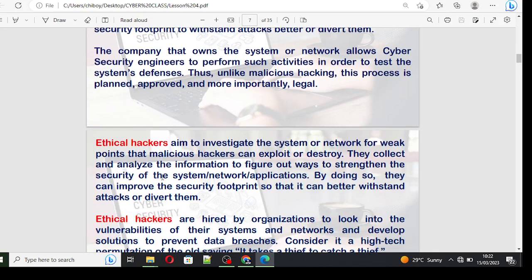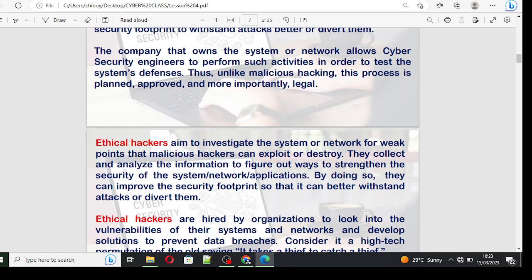Ethical hackers aim to investigate the system or network for weak points that malicious hackers can exploit or destroy. They collect and analyze the information to figure out ways to strengthen the security of the system, network, and applications.